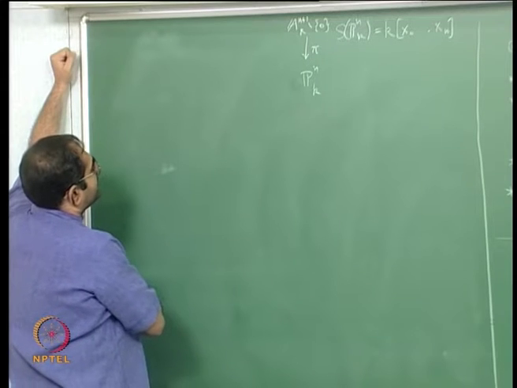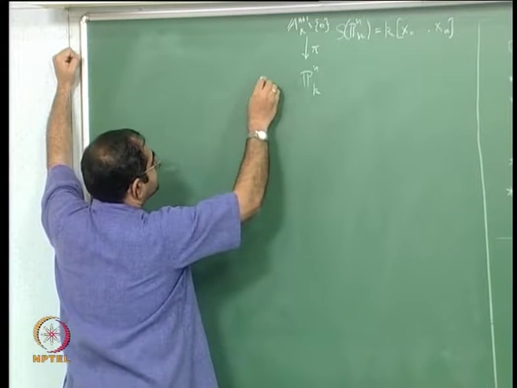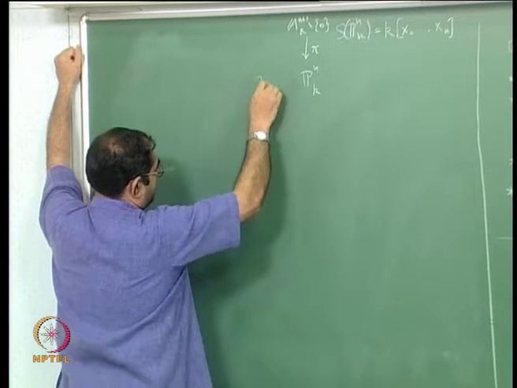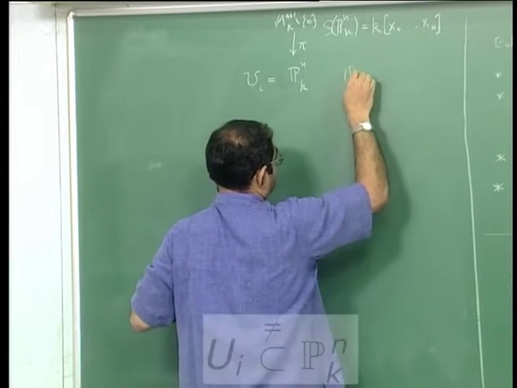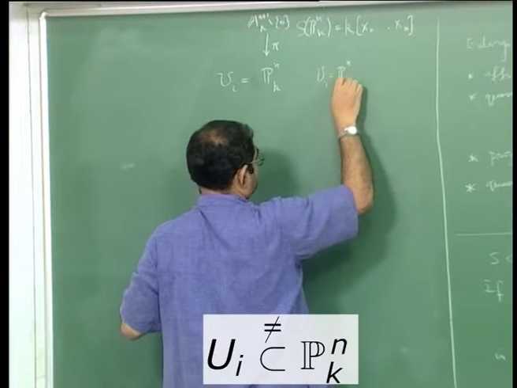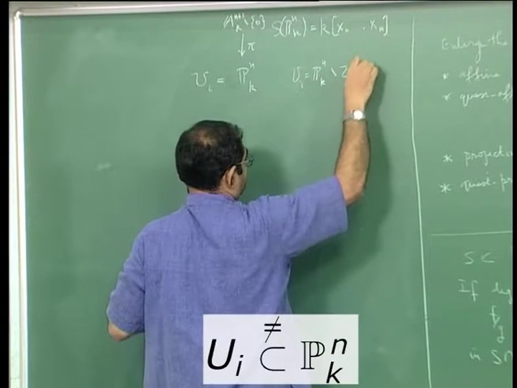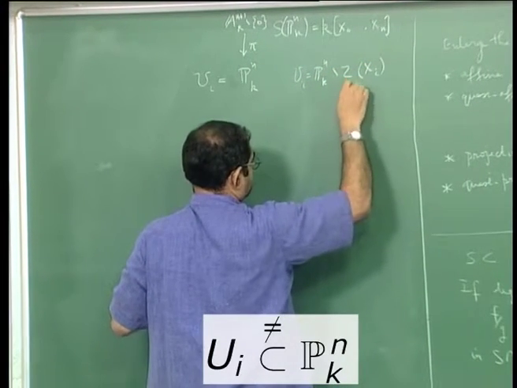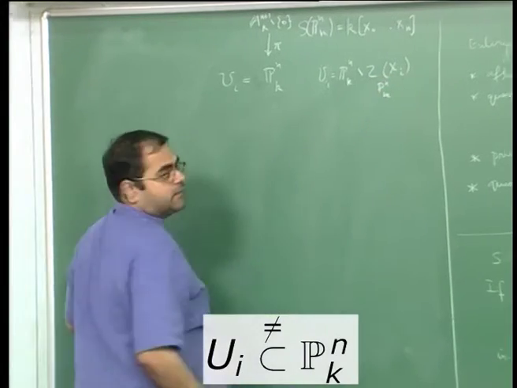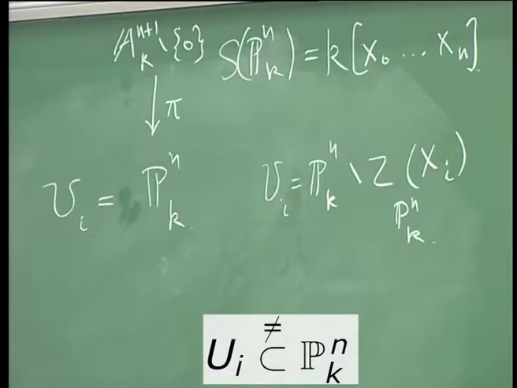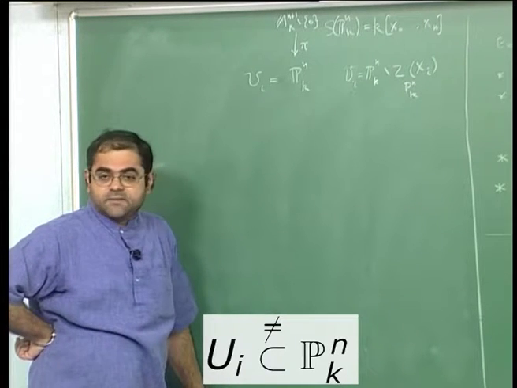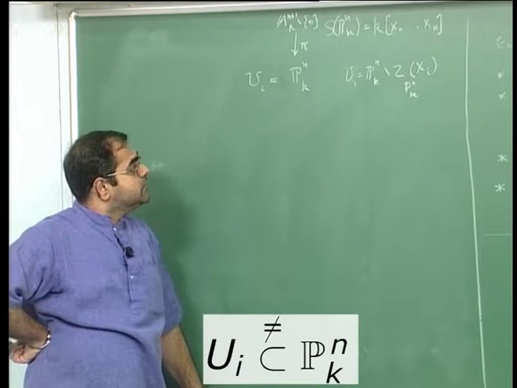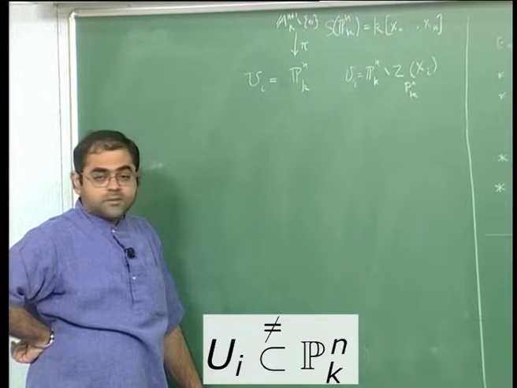And now you look at the set Ui, where Ui is the projective space minus the zero set of xi in the projective space. Notice that each xi is homogeneous of degree 1, therefore its zero set is a closed subset of projective space.